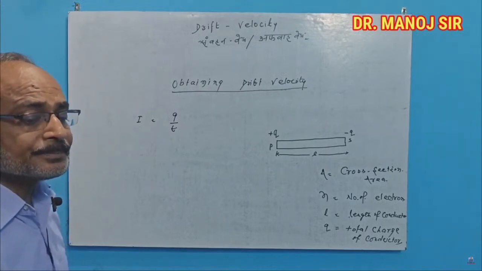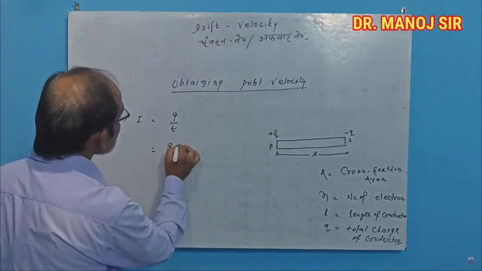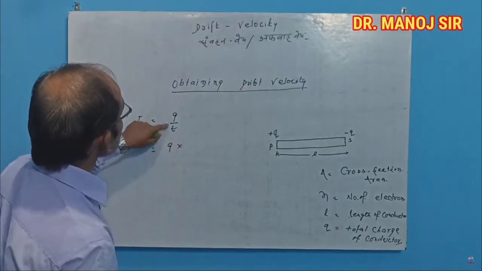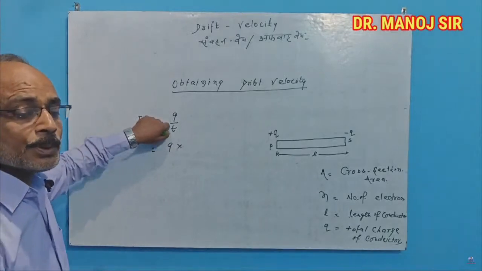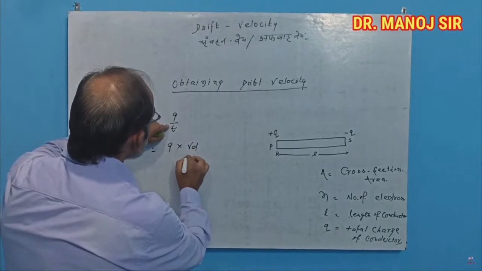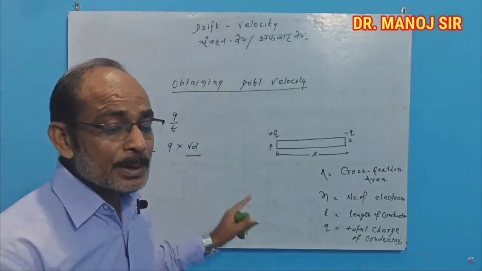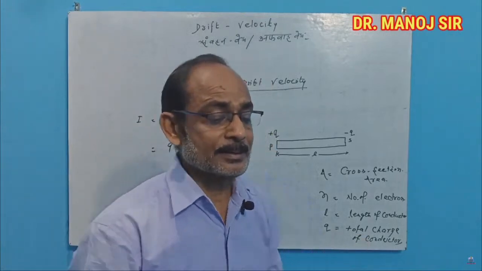And that can be written as Q into Vd upon the length of the conductor.